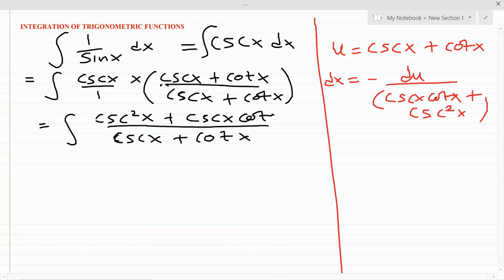So if you could remember, this is what we had in the initial stage.